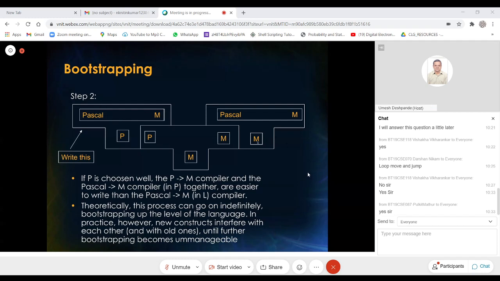And if P is chosen well, that is, the subset is chosen well, the P to M compiler and the Pascal to M compiler, which is written in P, that is shown in this step, are easier to write than this entire Pascal to M compiler in N, which was the earlier approach which we had followed.